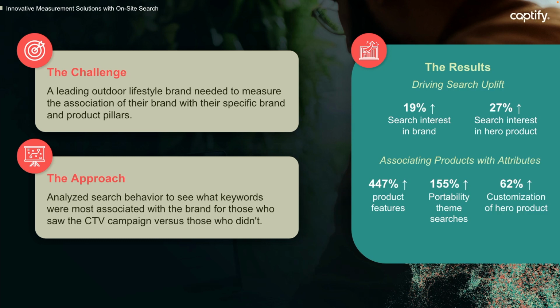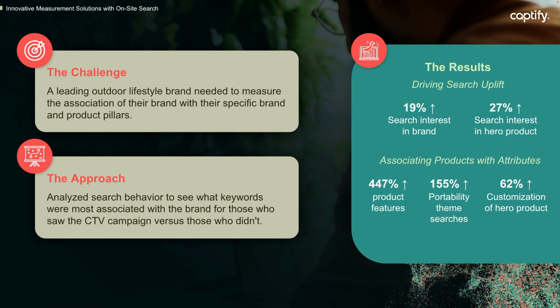What we saw was that in market, the folks who saw the campaign were 19% more likely to search for the brand. Not only that, but they were 27% more likely to search for the top product mentioned in that campaign.